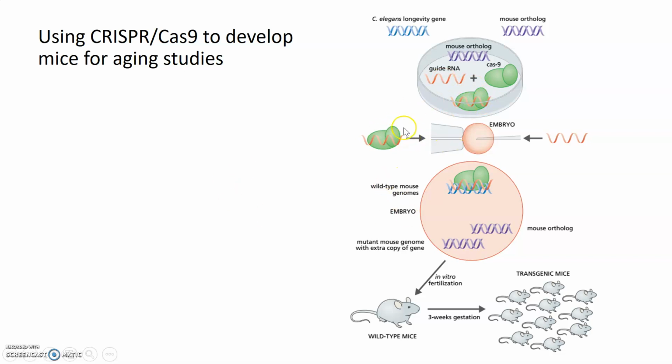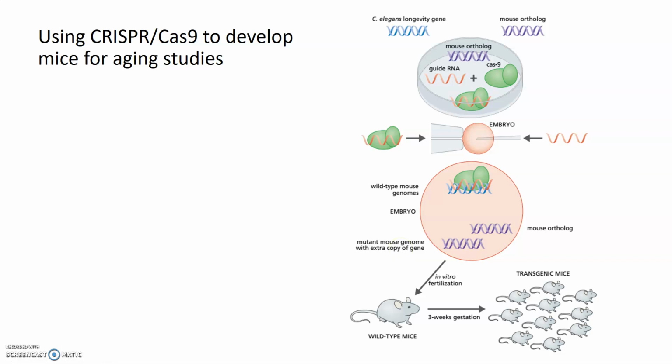And then you take that Cas9 guide RNA complex and you inject it into a mouse embryo. And that Cas9 plus guide RNA will be directed to the mouse genome, to the location you want to edit, and it will allow the insertion of an extra copy of the mouse gene.